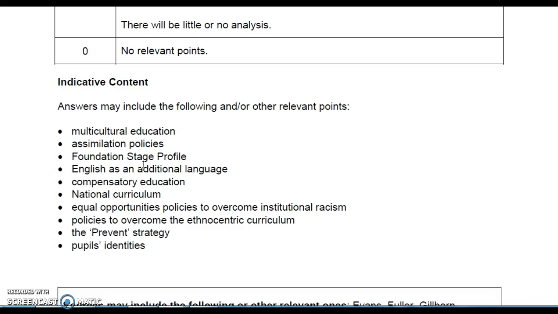And then you could even start to bring in people like Fuller, that some students might reject these labellings, and so on. There's quite a few policies that you could have gone through, and how you get your analysis marks is where you are comparing different ethnic groups, and also you can bring in, is it ethnicity or is it class?